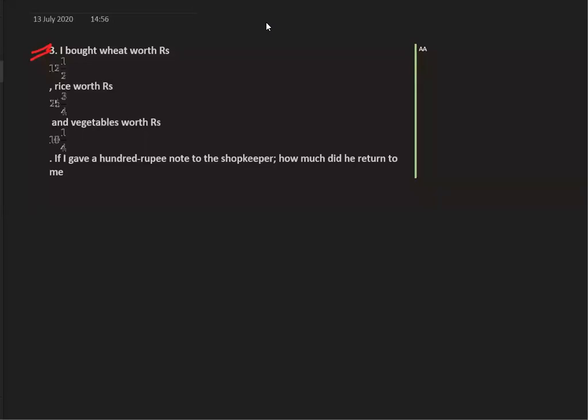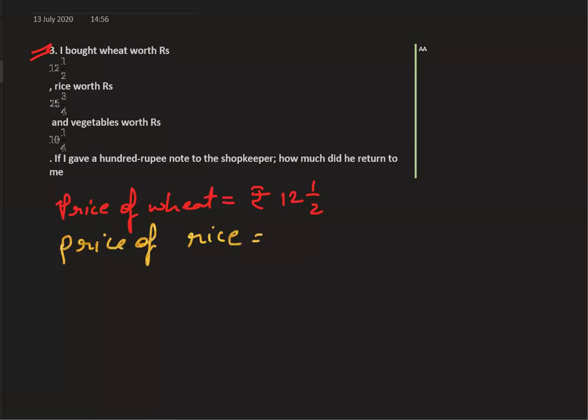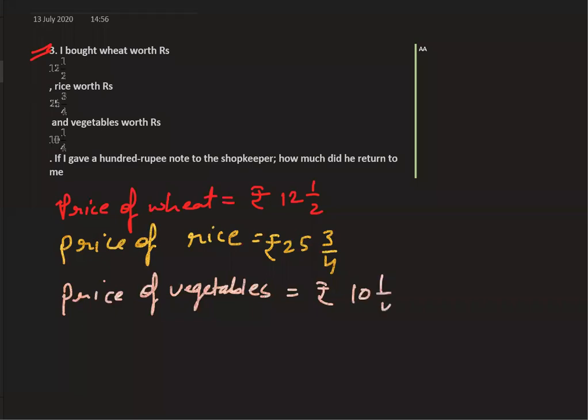So you can write price of wheat is equal to rupees 12 whole 1/2, price of rice is equal to 25 whole 3/4 rupees, and price of vegetables is equal to rupees 10 whole 1/4.